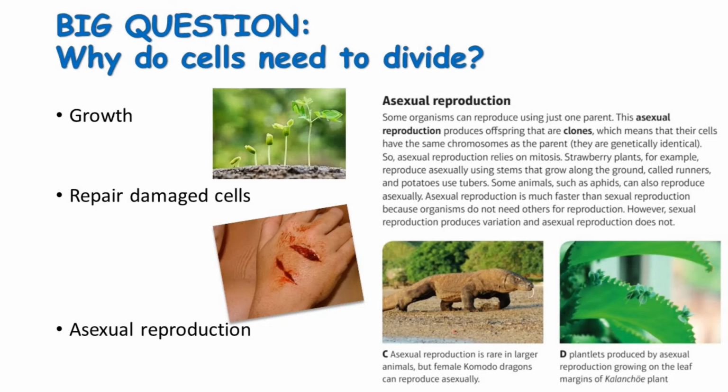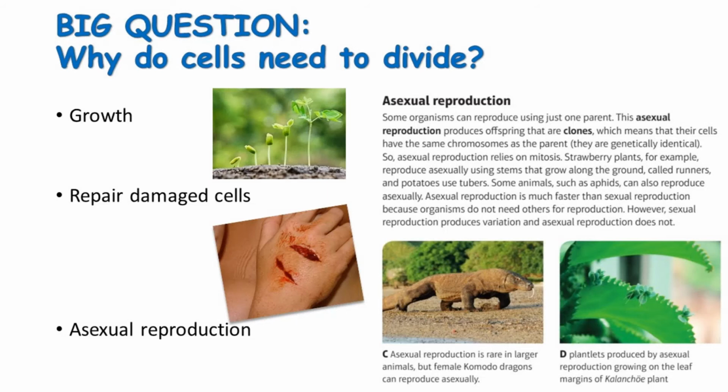One other reason why some organisms require cell division and mitosis is to perform asexual reproduction. Some organisms can reproduce with just one parent. This is called asexual reproduction. And this always produces offspring that are genetic clones. That means that their cells have exactly the same DNA as the parent cell. Asexual reproduction is quite common in plants.